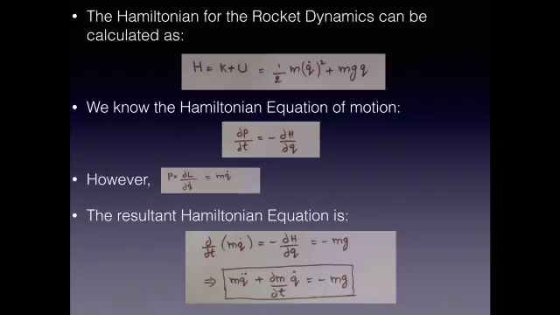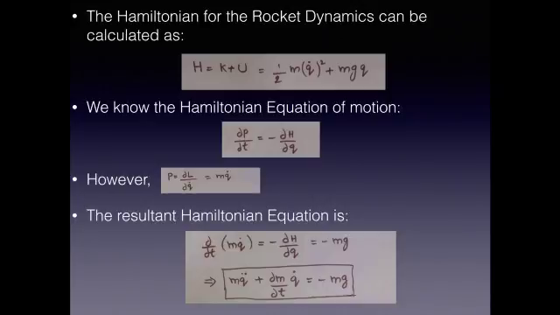Again, substituting K and U from the above equations, we get the Hamiltonian. From the Hamiltonian equations of motion, we know that ∂p/∂t equals minus ∂H/∂q. Here, p can be written as ∂L/∂q dot, which is equal to m q dot.